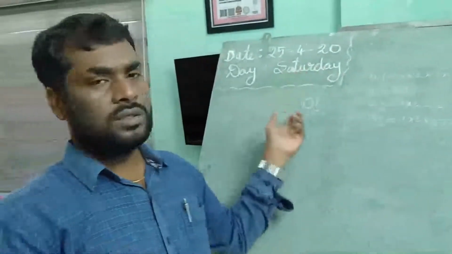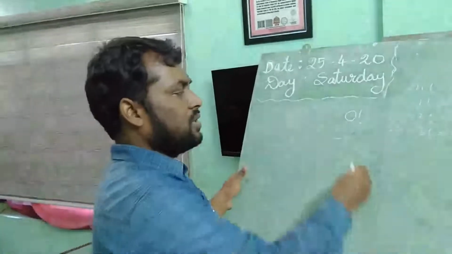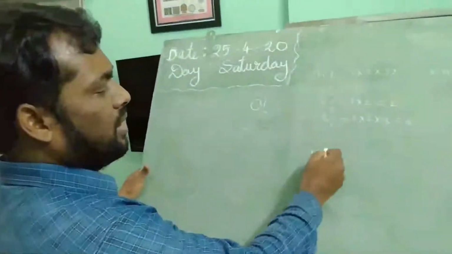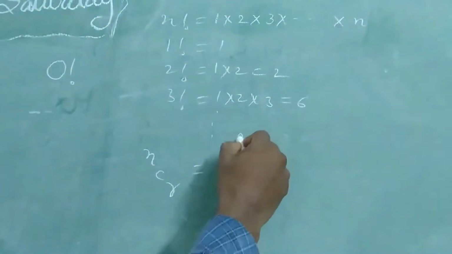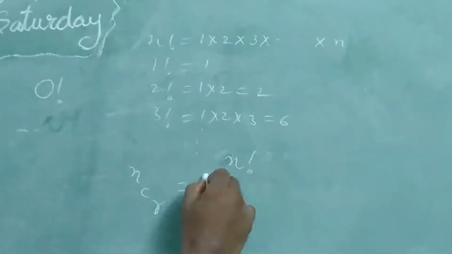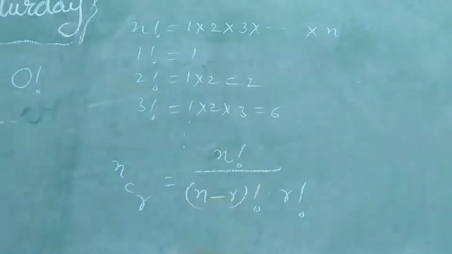Now one student asked, sir, what is the value of 0 factorial? Now how do you find it? This value is derived from the formula of nCr. nCr is equal to n factorial by (n minus r) factorial into r factorial.